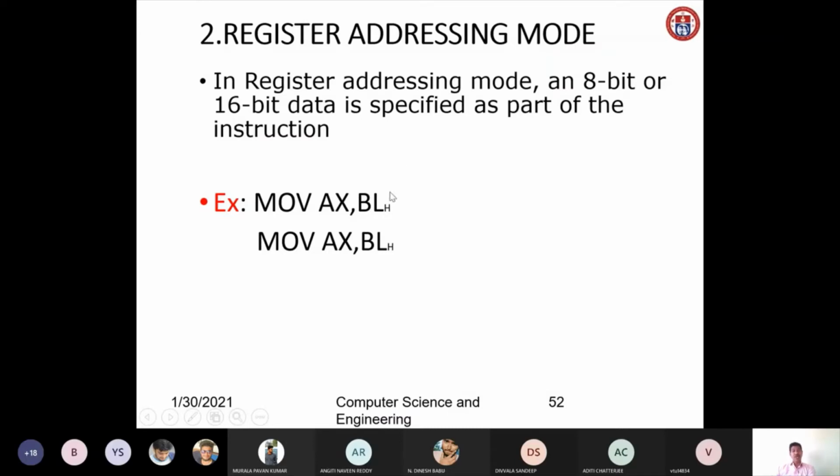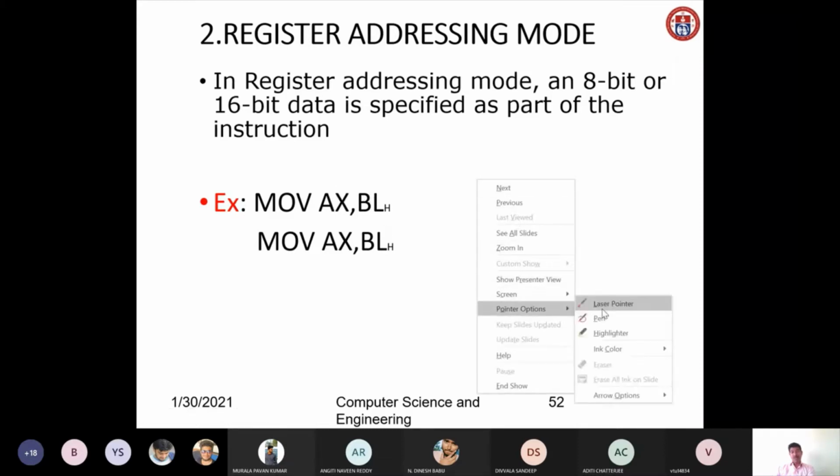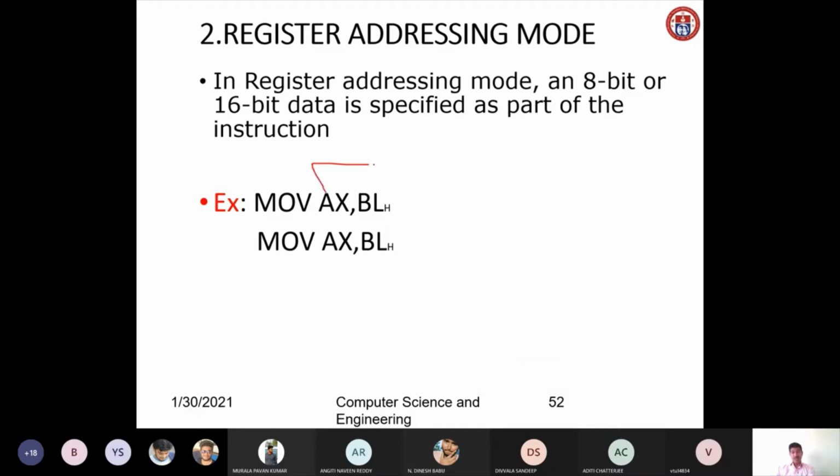Here I have two registers, two operands. This is a destination operand, and this is a source operand. Here AX is the destination operand, and the second one is the source operand.